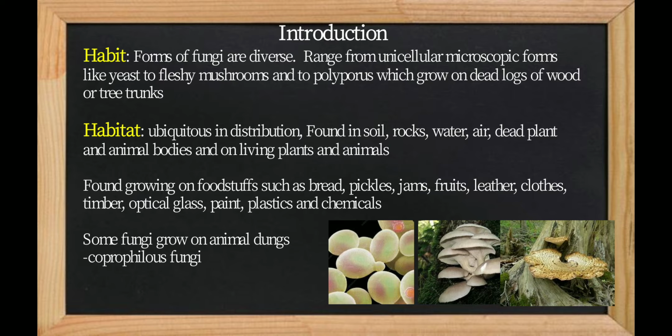They are also seen growing on foodstuffs such as bread, pickles, jams, fruits, leather, clothes, timber, glass, paint, plastics, chemicals, etc. Some fungi grow on animal dung, and these fungi are called coprophilous fungi.